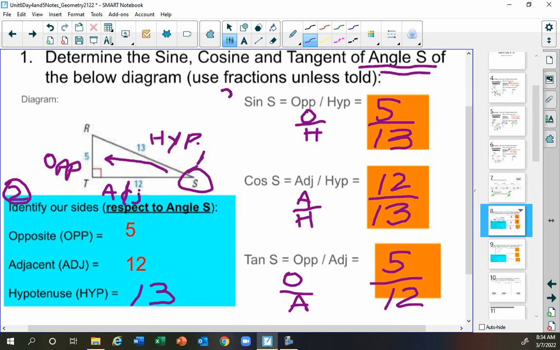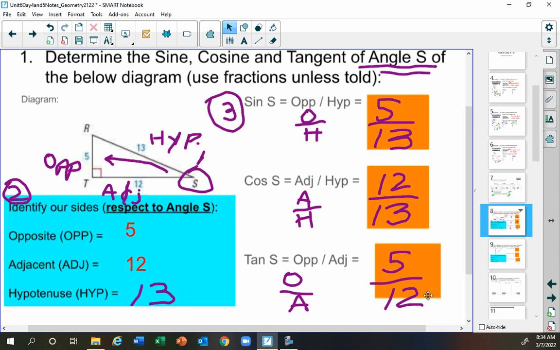So that's part 3. Now sometimes all you may have to do, if I tell you to use a fraction, leave it as a fraction. Unless I tell you otherwise, all you do is replace.